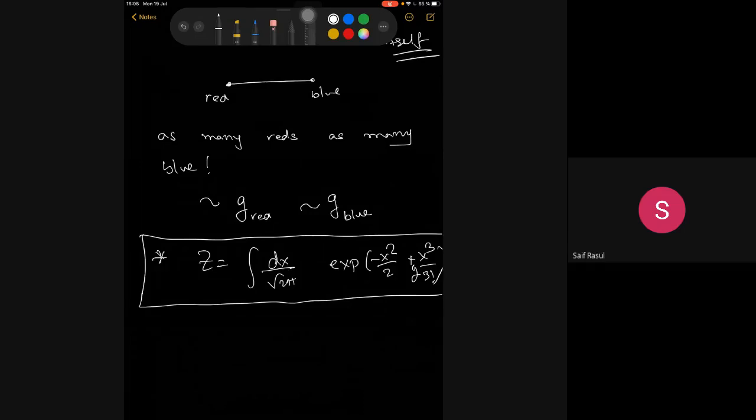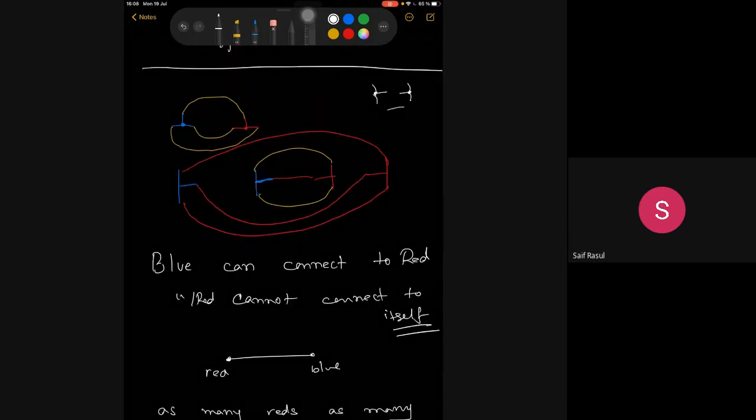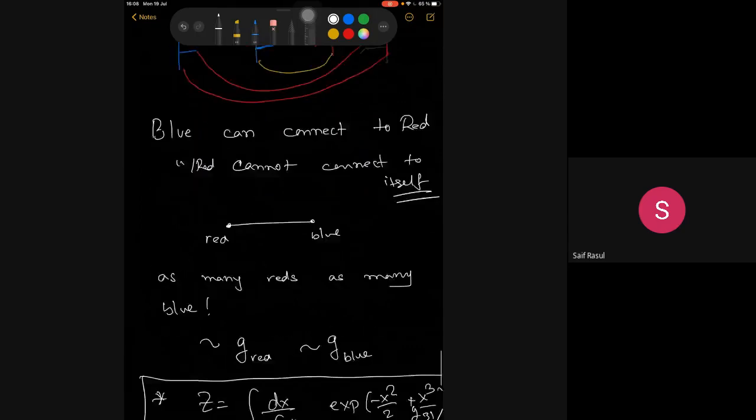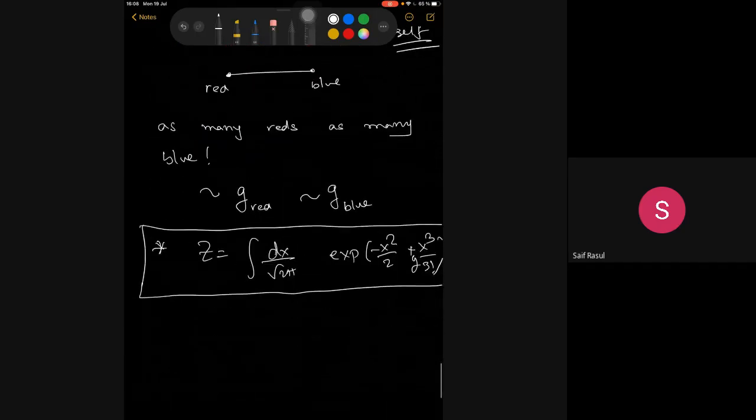So now I want to write an integral that solves this combinatorics problem, that is, red connecting only to blue and red not connecting to itself.